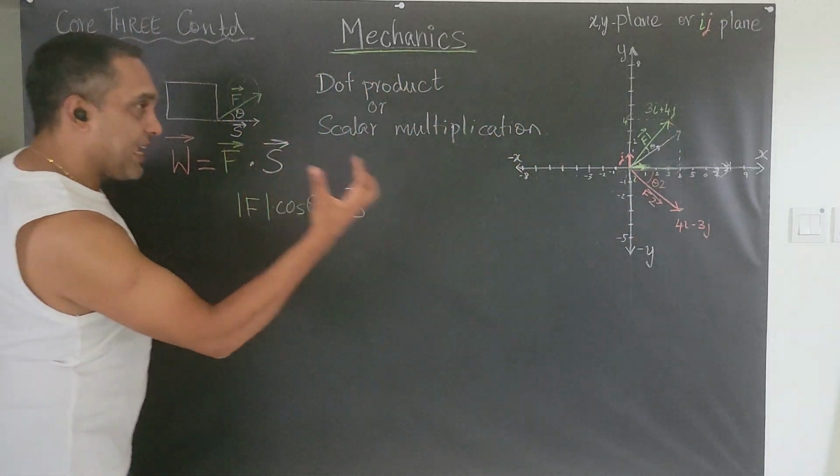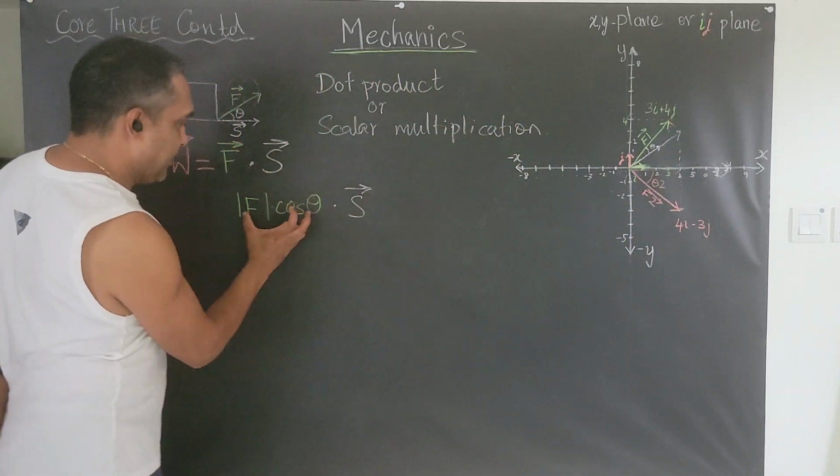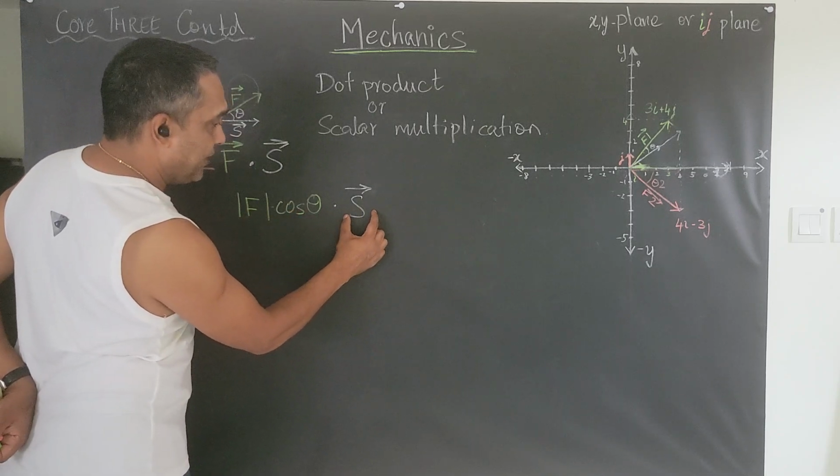Which means I've taken a scalar value, which is the magnitude, and I multiplied both of the coordinates of this.